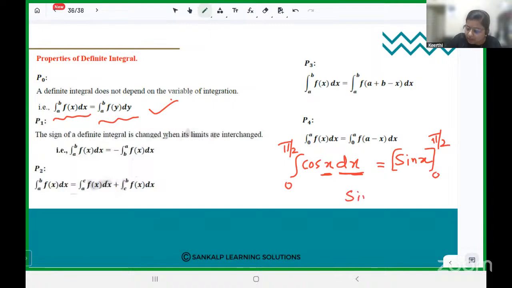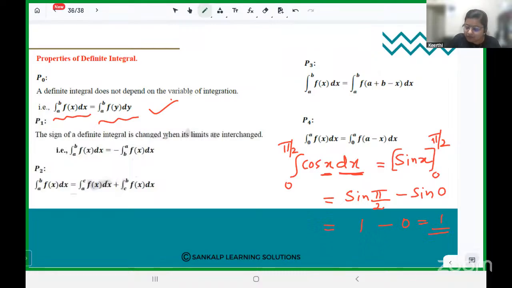So next step is put the upper limit minus lower limit in the place of x: sin pi by 2 minus sin 0. Sin pi by 2 is 1, and sin 0 is 0. 1 minus 0 is equal to 1. So integral 0 to pi by 2 cos x dx is 1.